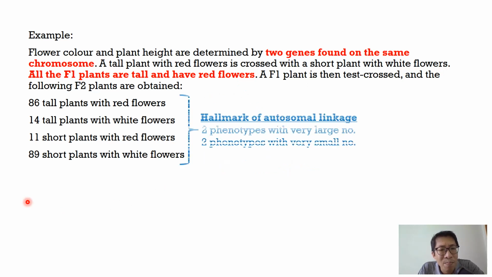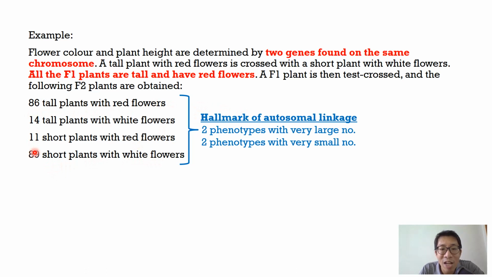If you look at the numbers, this number is very different from the usual dihybrid inheritance that you have looked at earlier, right? So you have these two very large numbers for the tall and red and short and white, which are the phenotypes of the parents, right?